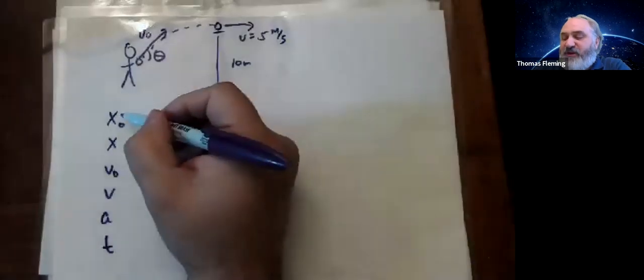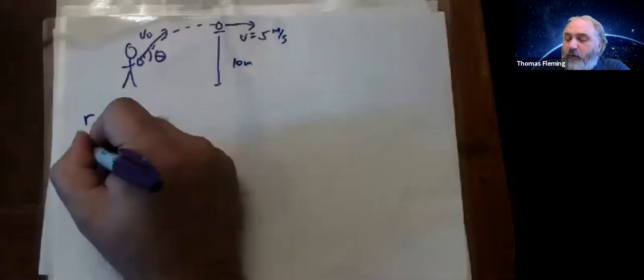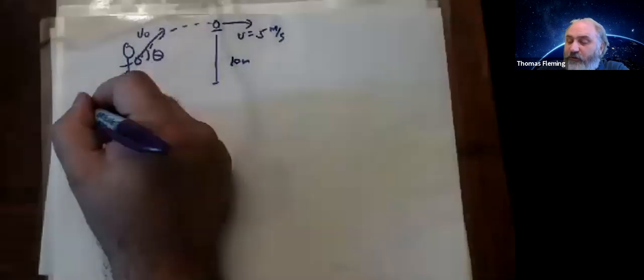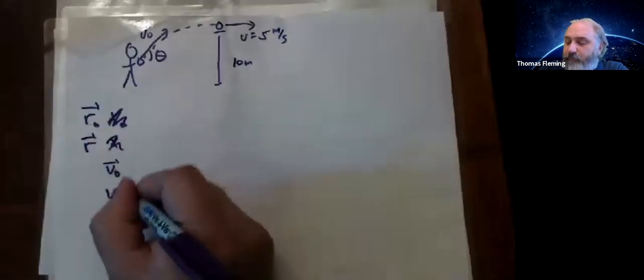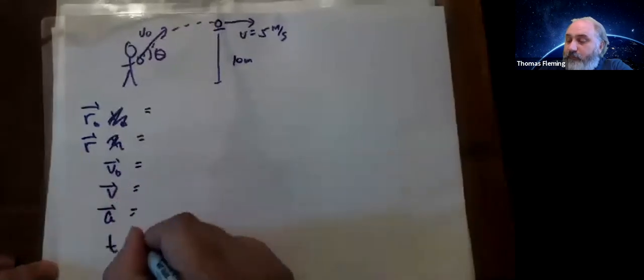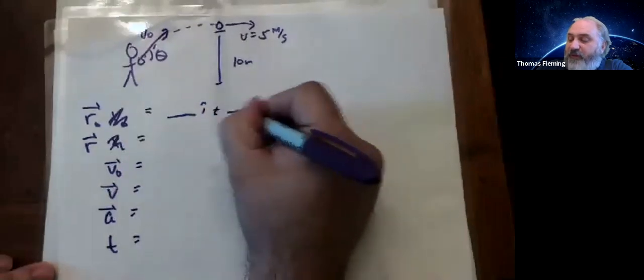So instead of calling the position X, sometimes we'll call it R. So R is just a position vector, and R is going to have components of whatever X is and whatever Y is. And each of these first 6 things are vector quantities. And all we've got to do is break them down as vector quantities. So what's going to happen is each one of these things is going to have something i hat plus something j hat.